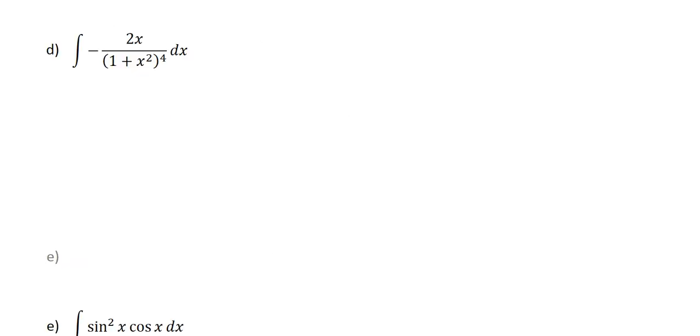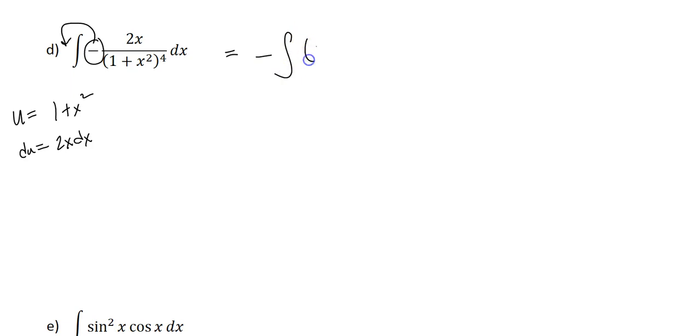Sometimes you may have extra constants that are kind of tacked on here, and you can always bring those out. So like this negative right here, I don't necessarily need, because if I let u be 1 plus x squared, du is just going to be 2x dx. So I'm going to write that as a negative on the outside. I'm going to go ahead and bring that 1 plus x squared up and make that to the negative 4th power, and then I'll have 2x dx.